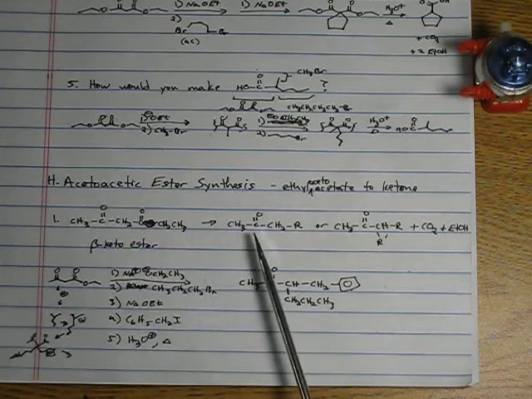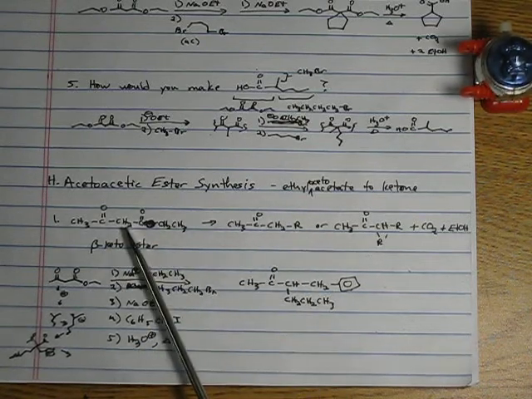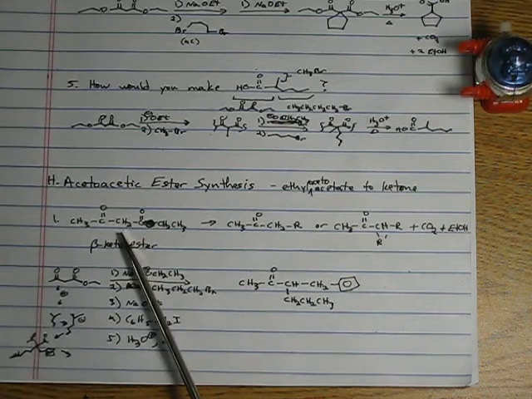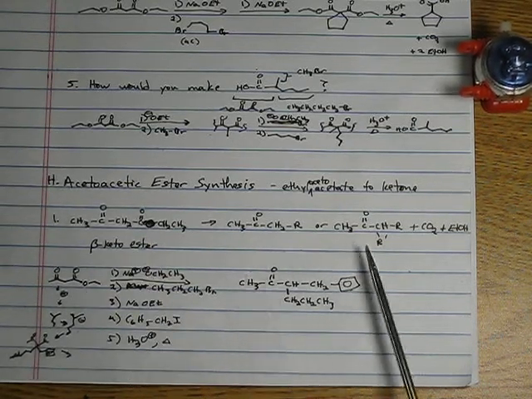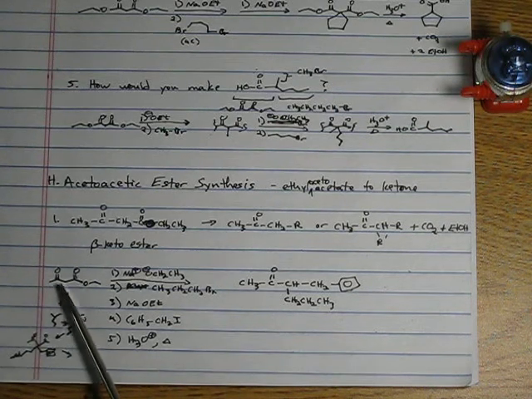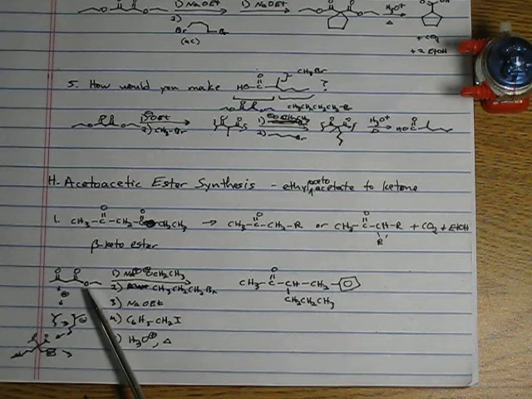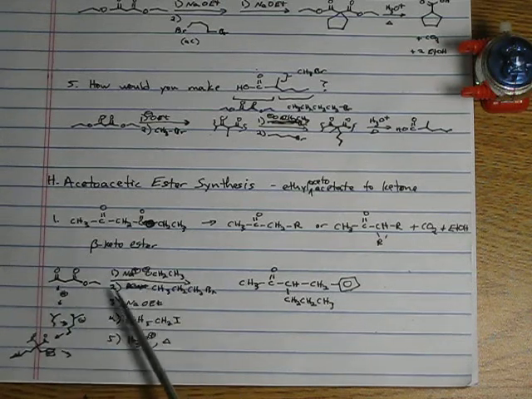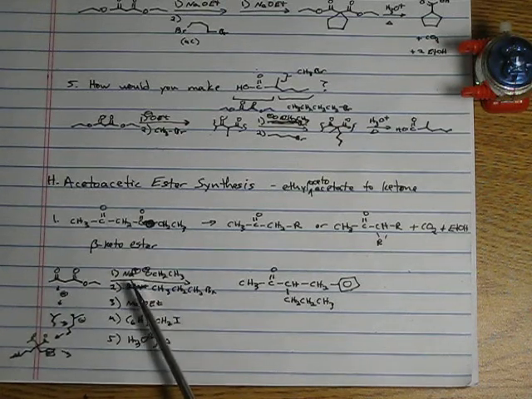We can attach more alkyl chains to this CH2 right here. We can attach one R group, we can attach two R groups using the same methodology we did with the malonic ester synthesis. So let's look at it. Start with our acetoacetic ester. What would happen in this series of these five reactions?